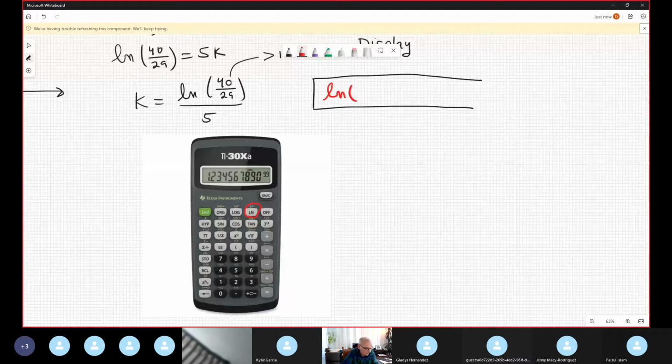Press the key logarithmic, the LN. No error, no? Don't touch anymore. Now divided by 5. Division 5. Enter. And you get some answer. Show me. Here's the answer. Good. 0.064.